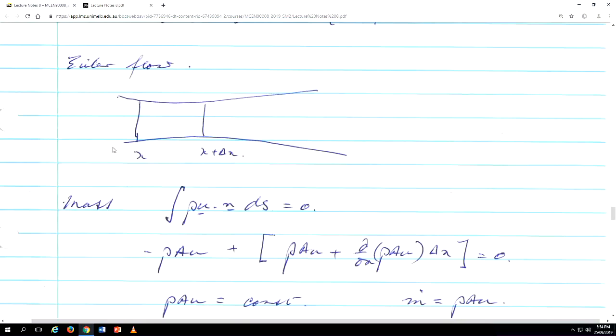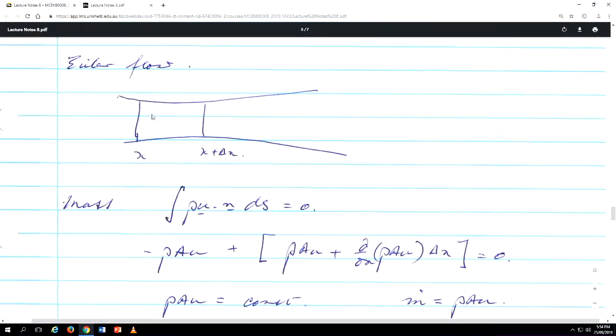So, I'm interested in a small control volume here. I'm going to draw X, and here's X plus delta X, and here's my little control volume. This bounding surface, and this. And I'm going to assume one-dimensional flow, meaning that the flow is uniform at each X station.